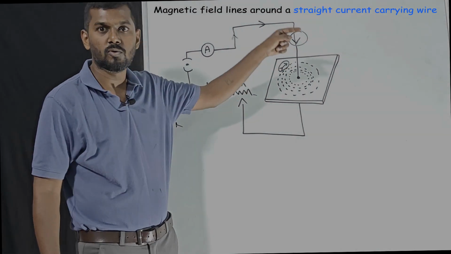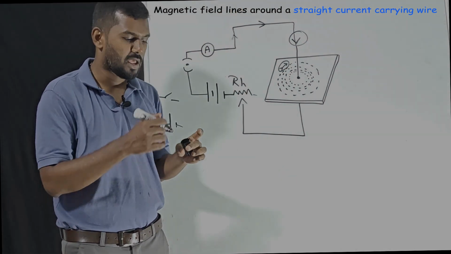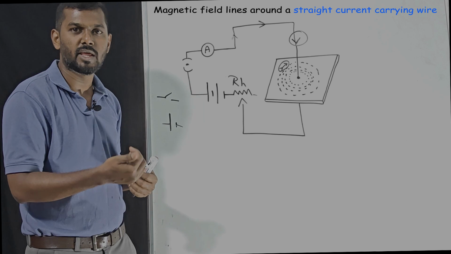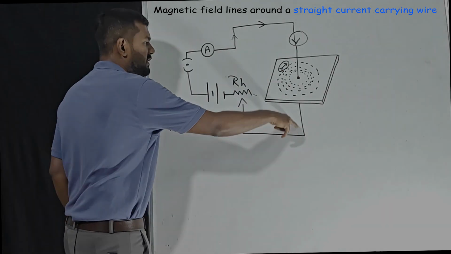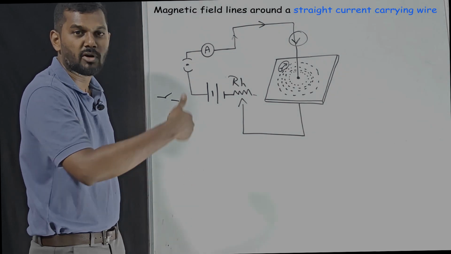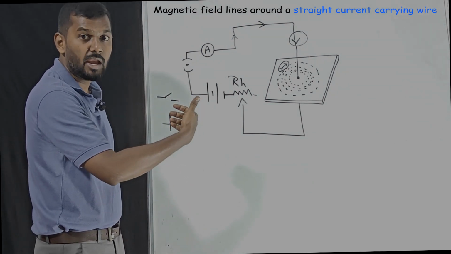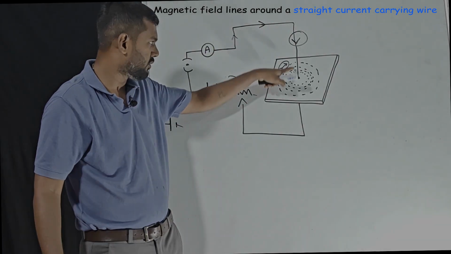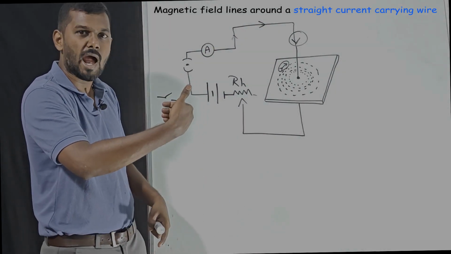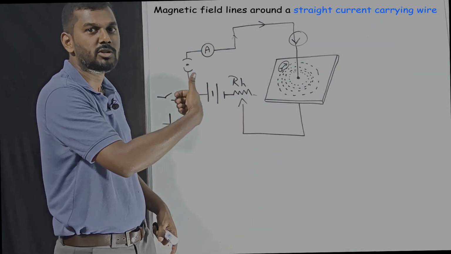Now the current is flowing in the downward direction. In horizontal conductors you have to open your hand like this, but this is not horizontal, this is vertical, right? So in vertical we have to hold it like this. Do you think this is correct? No, this is wrong. Why?